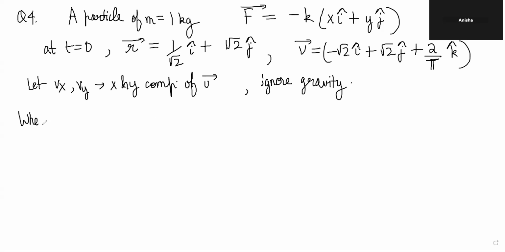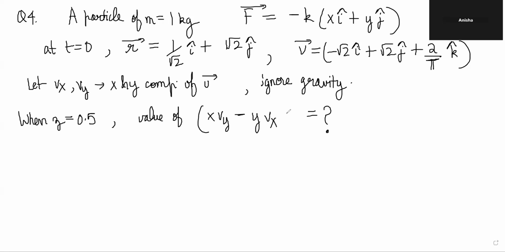When z = 0.5, what is the value of xVy - yVx? That is what they're asking. They have given position and velocity at t = 0, and they have given the force, mass, and k value also.